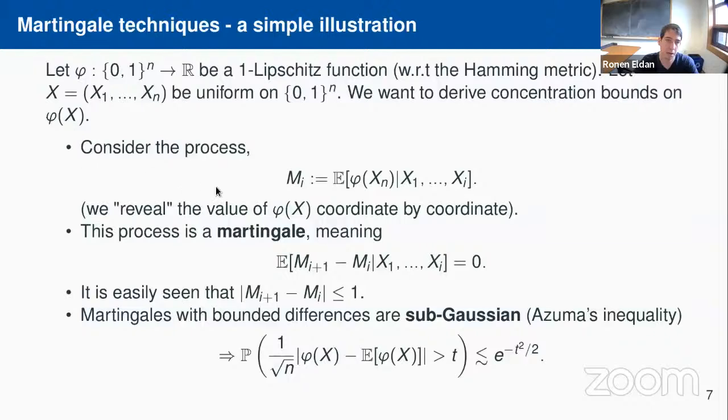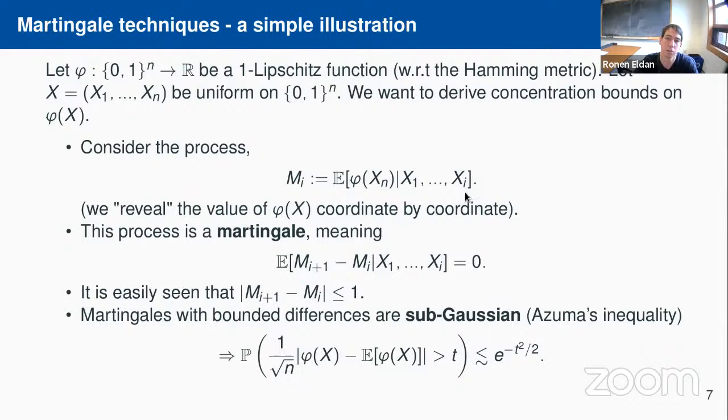The main idea will be to consider the following process. So this is a stochastic process indexed by discrete time i. At every time i, what we look at is the expectation of the value of phi at the point x, conditioned on all of the information that we have revealed up to time i.